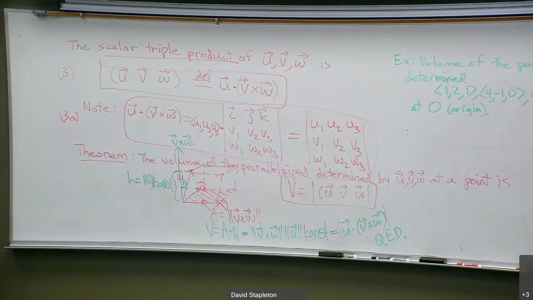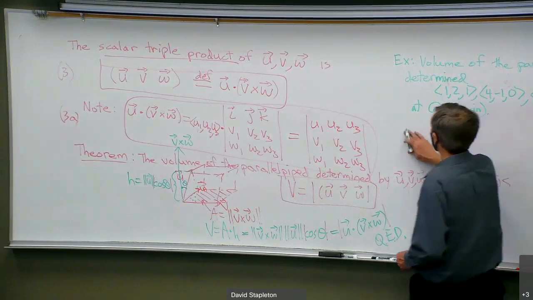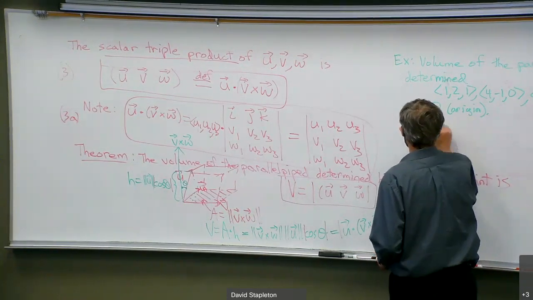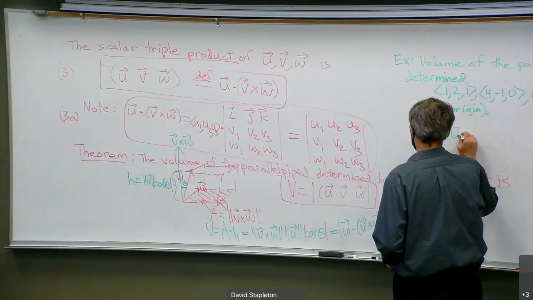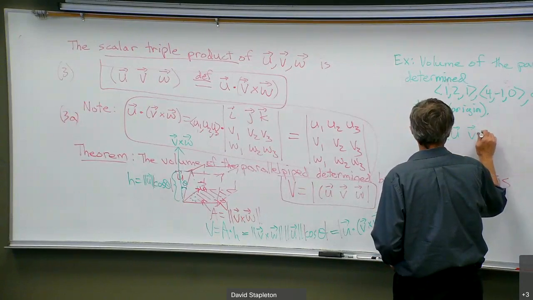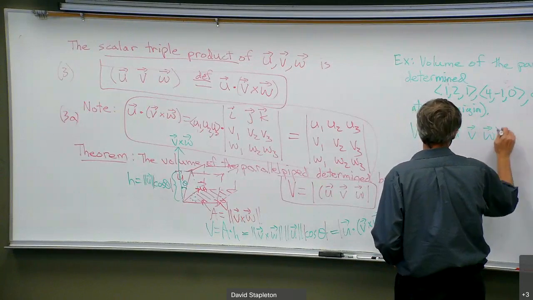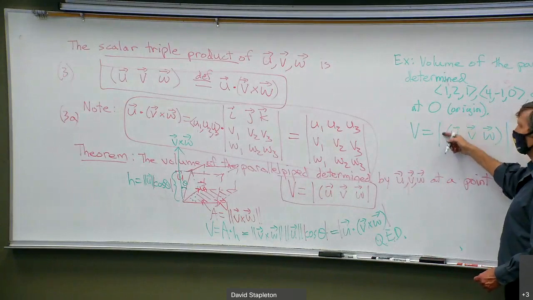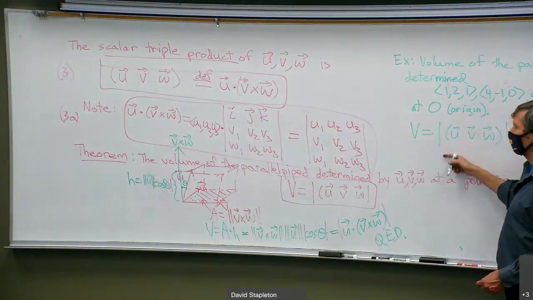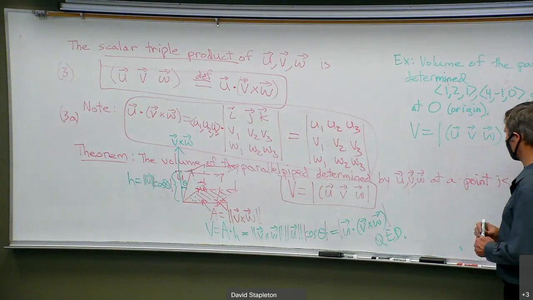And now we run into a notational inconvenience. The volume is the absolute value of the scalar triple product, but the scalar triple product is evaluated most quickly as a determinant. So if I put a determinant here, then I've got straight bars for the determinant and straight bars for the absolute value, a collision of notation.